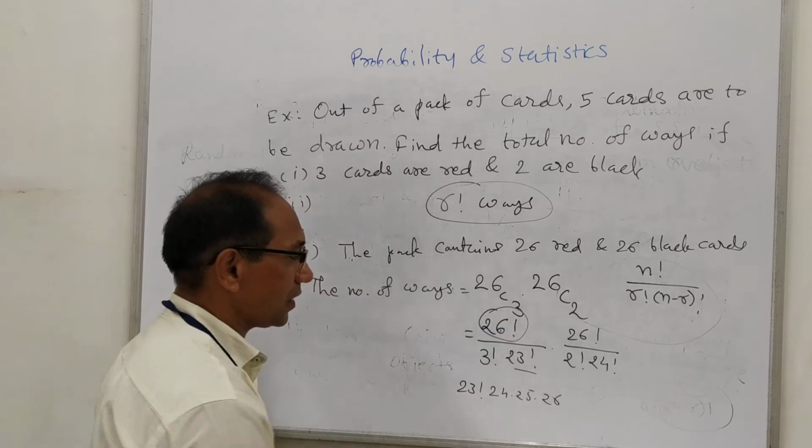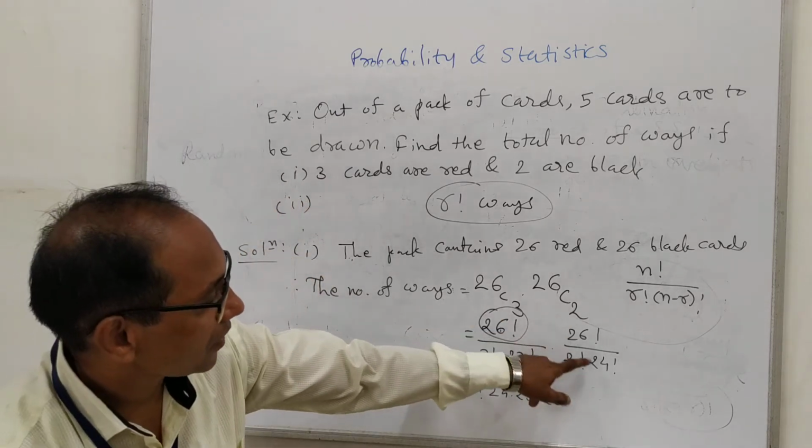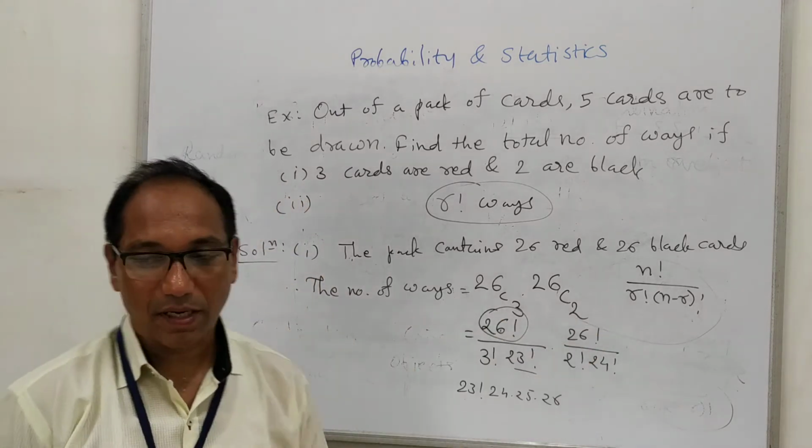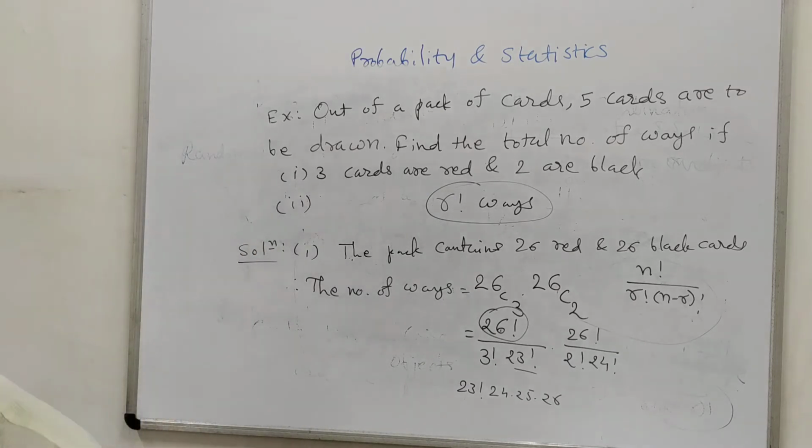As we can cancel out 23 factorial, this can also be written as 24 into 25 into 26 over 3 factorial. So this is the case of combination. Once again, remember not to forget to understand whether the question is of arrangement or simply of selection.